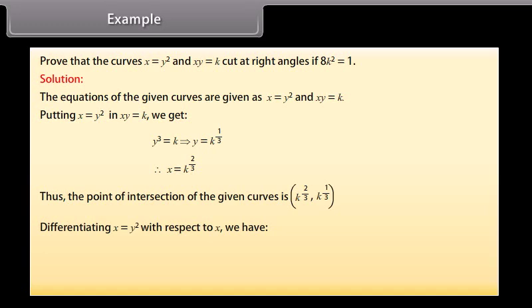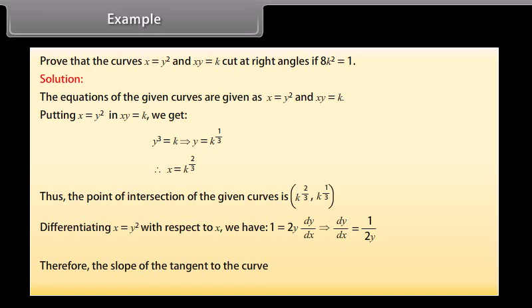Differentiating x = y² with respect to x, we have 1 = 2y dy/dx. It implies dy/dx = 1/2y. Therefore, the slope of the tangent to the curve x = y² at (k^(2/3), k^(1/3)) is dy/dx at (k^(2/3), k^(1/3)) = 1/(2 into k^(1/3)).